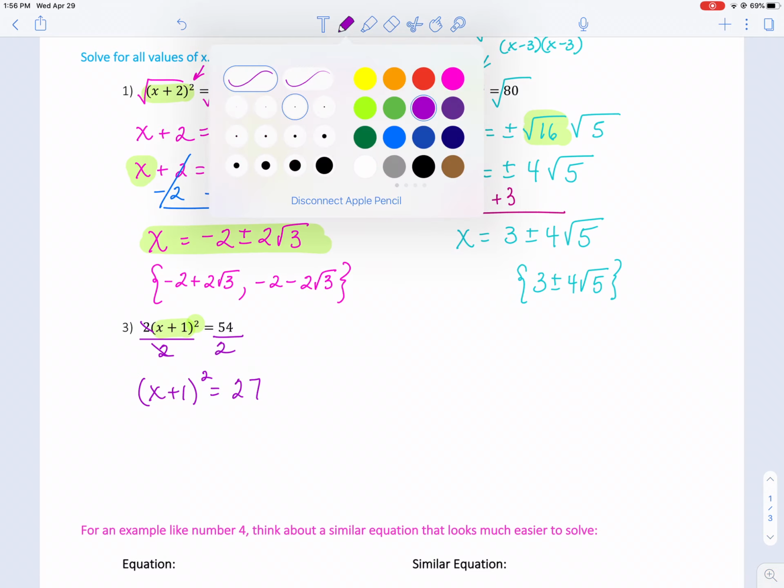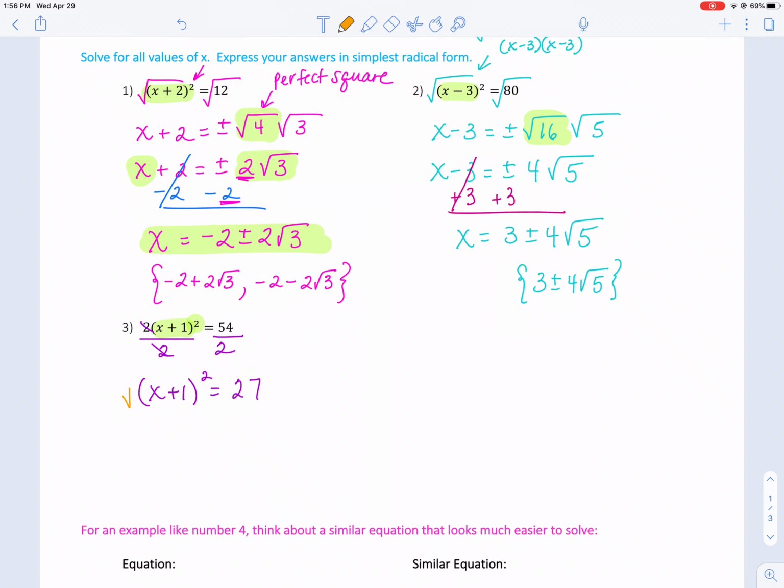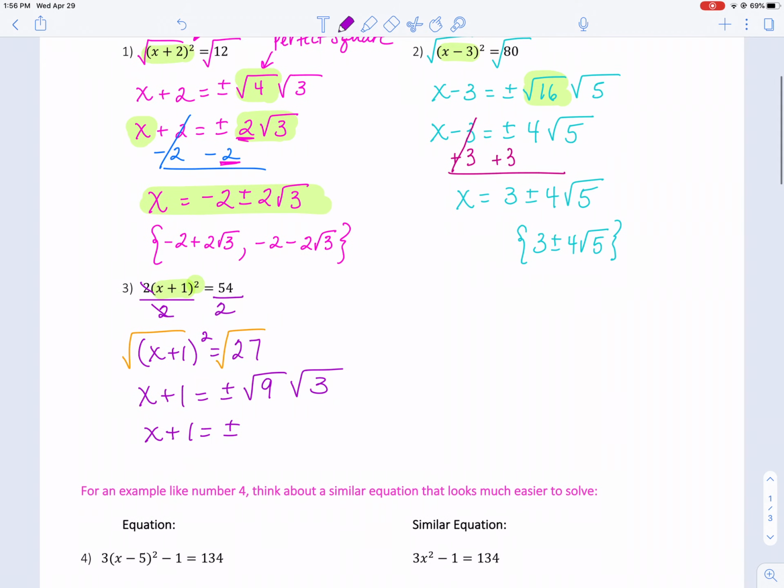And now I am going to take the square root of both sides. So when I take the square root of this side, I get my x plus 1, no more squared. And here, I'm going to break down 27, because there is a perfect square that goes into 27. 9 and 3, which means that becomes x plus 1 equals plus or minus 3 rad 3.